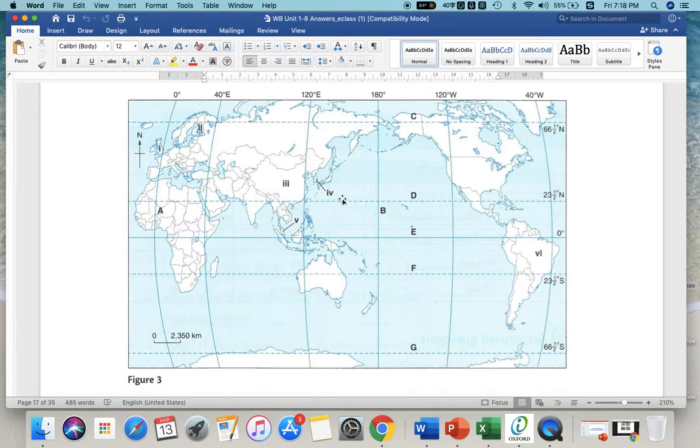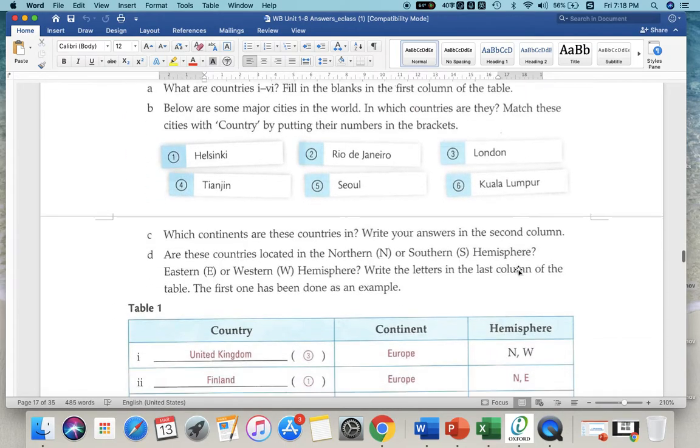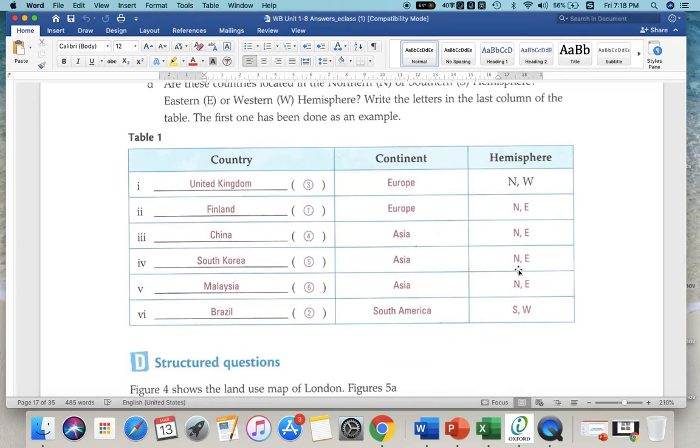Number 4, the place where the girls love a lot, is South Korea. While here, down from China, is Malaysia. And finally here, somewhere like a chicken leg, this one is Brazil in the South American plate.